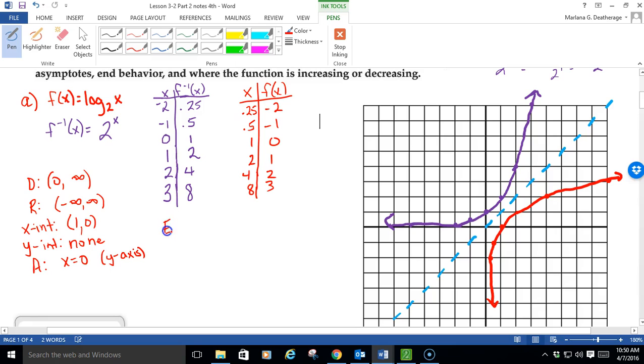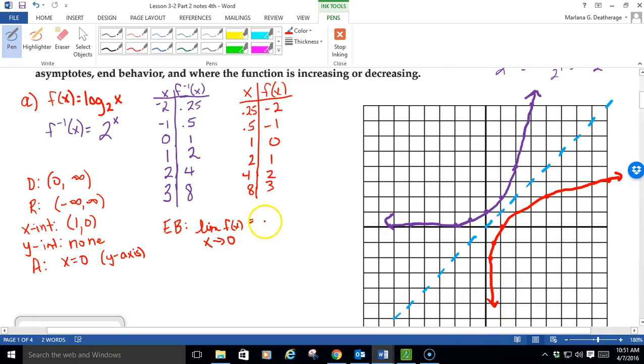Okay, end behavior. Now, your end behavior is a little bit different for going to the left because you're not approaching negative infinity going to the left. You're approaching 0. So your left end behavior is the limit of f of x as x approaches 0 equals, and what is y doing as x is getting closer and closer to 0? Where's it headed?